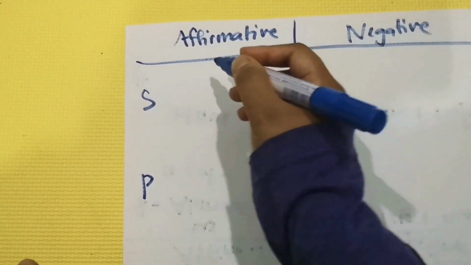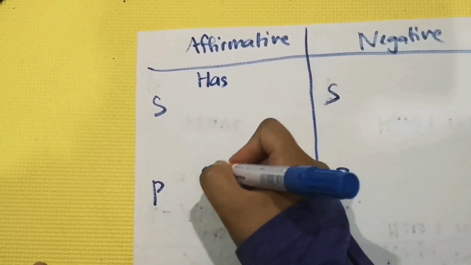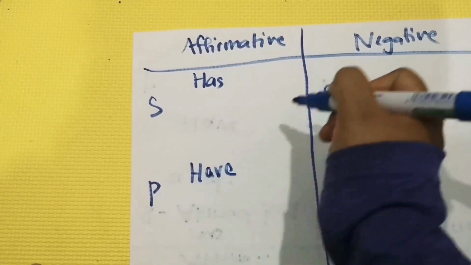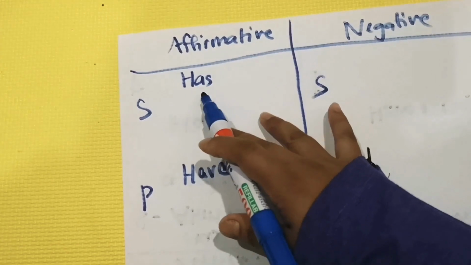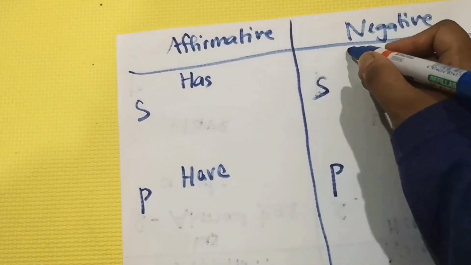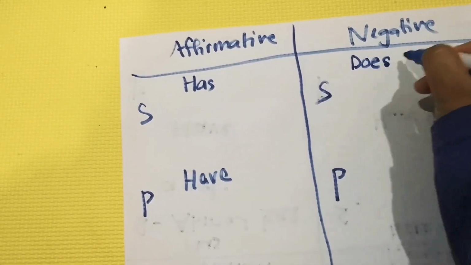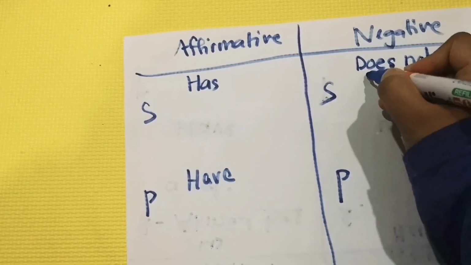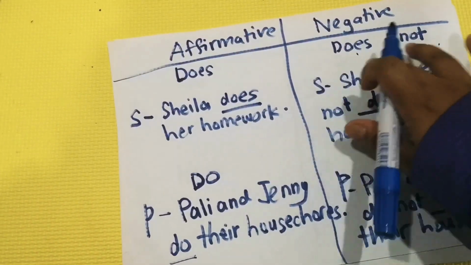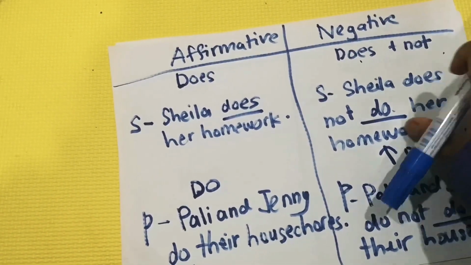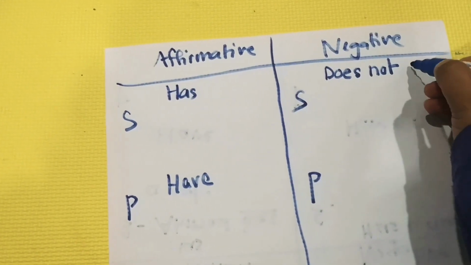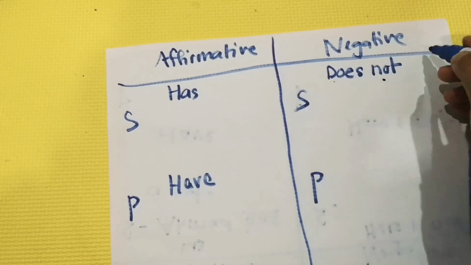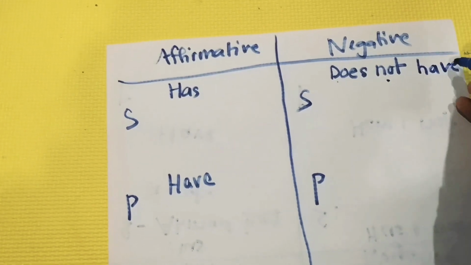We have has and we have have. Well, for negative, it's a little bit different, in which we need to put does not. Again, we borrow from the verb to do to make it negative. And remember, after the verb to do, the verb that comes after should be a root word. So does not have.